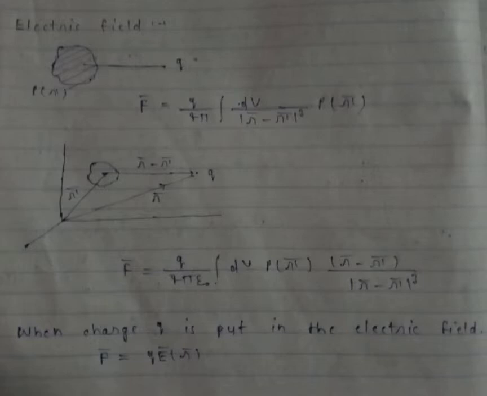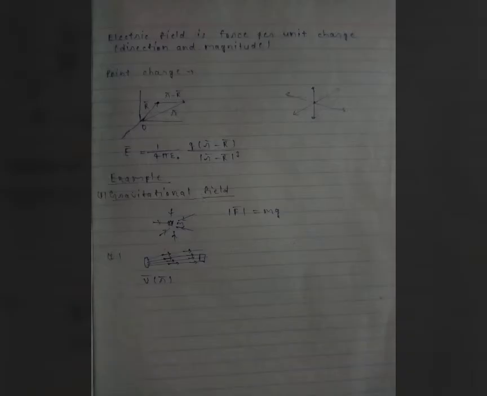As I said just now, given an electric field E at r, the force on a charge Q put there is going to be Q times this E(r). That means, by definition, the electric field is nothing but force per unit charge.